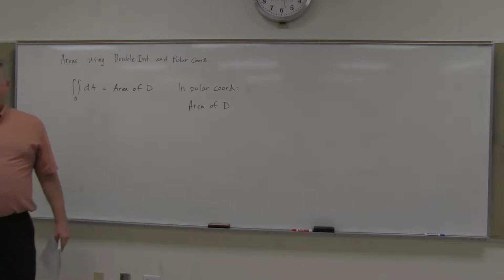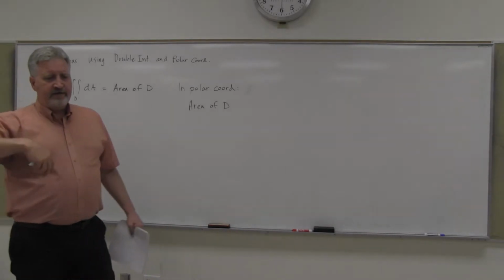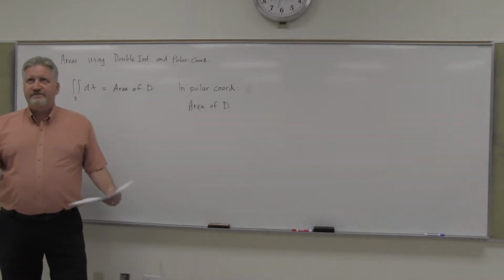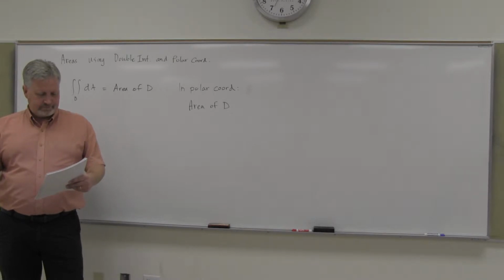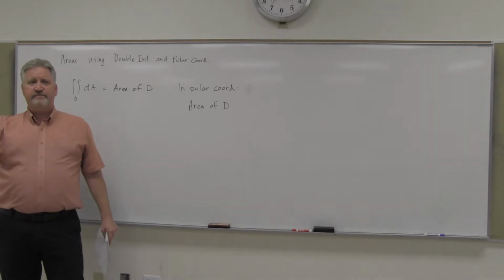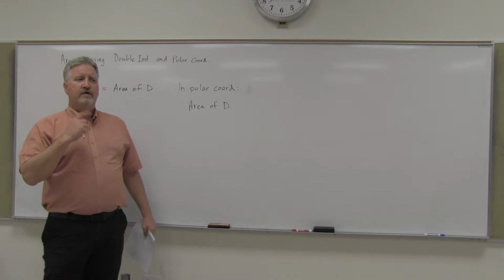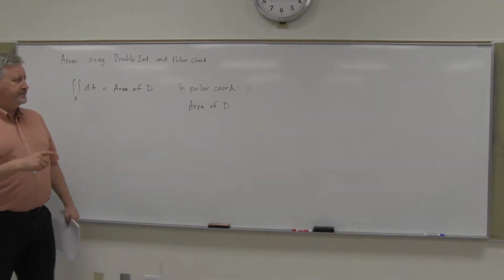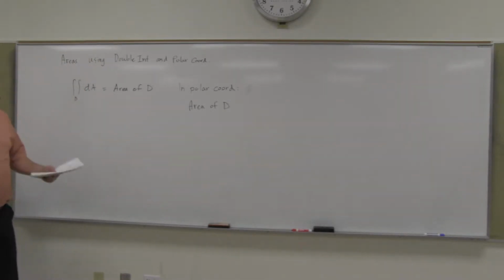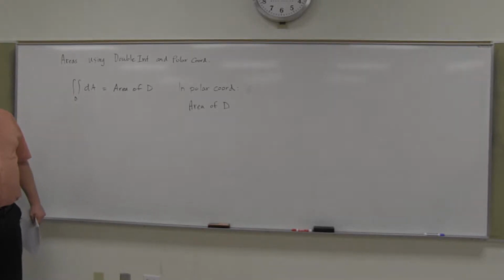You remember doing the roses, those ones that had the loops in them, that's one of the ones we'll do. So sometimes it makes sense to describe an area in polar as opposed to Cartesian.